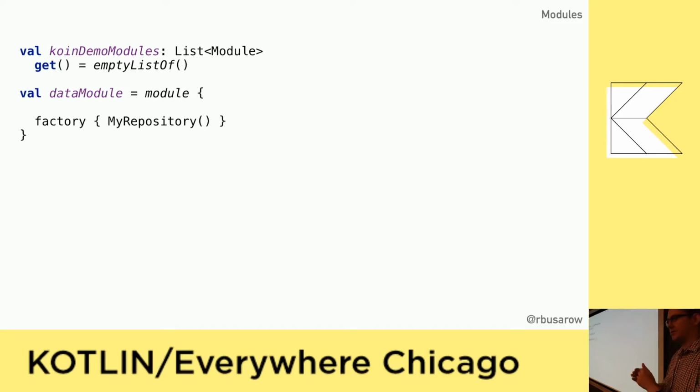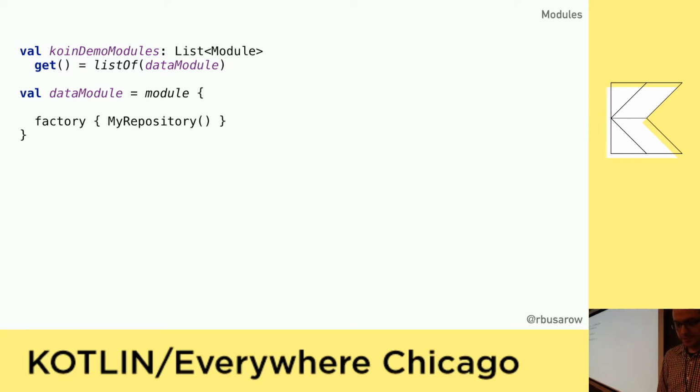I like having it stored as a list instead of just throwing it into the application itself, because then you can reference it elsewhere, like maybe for testing. Or if you're creating multiple modules and multiple Koin instances, then you can reuse it. So let's add our new module to the graph by adding it to the list. And that's all there is. Now it is connected. Koin knows how to make our repository.